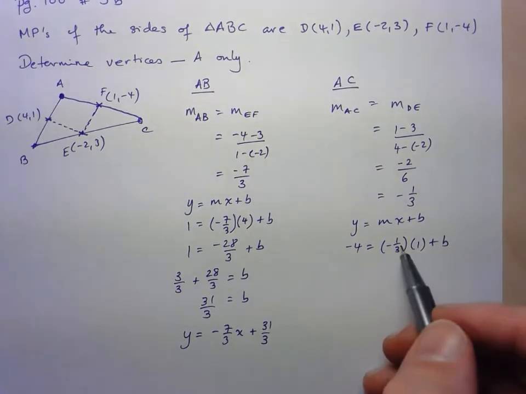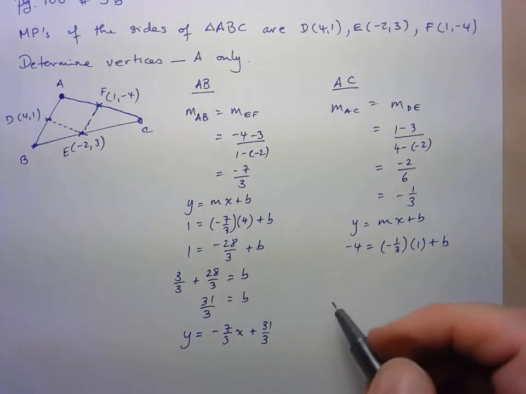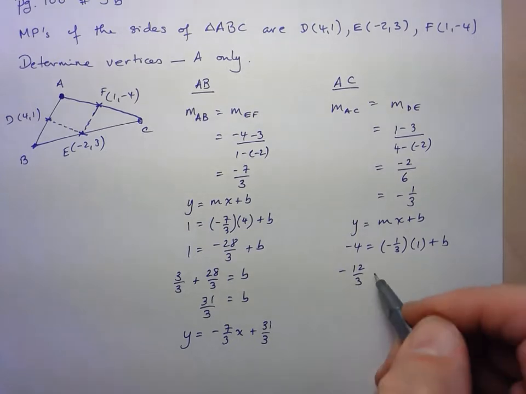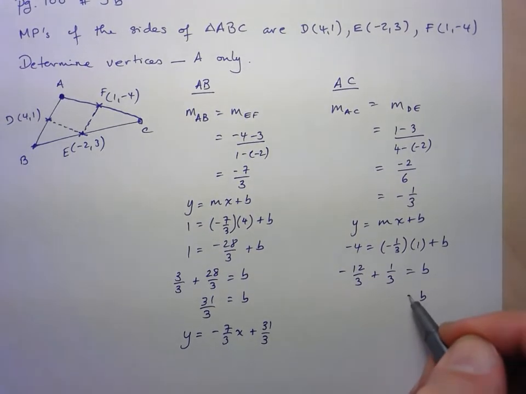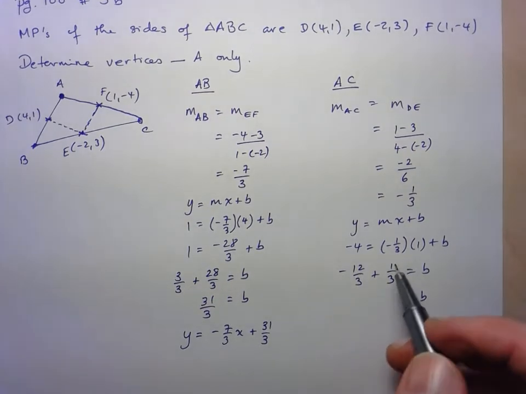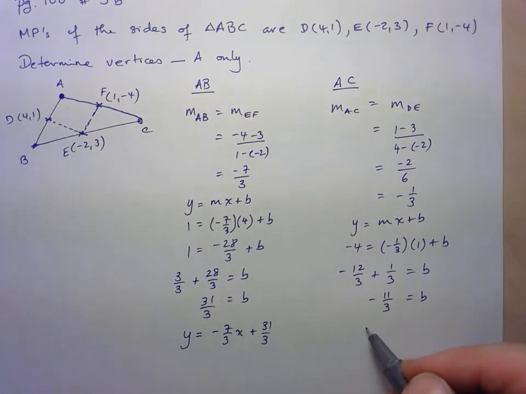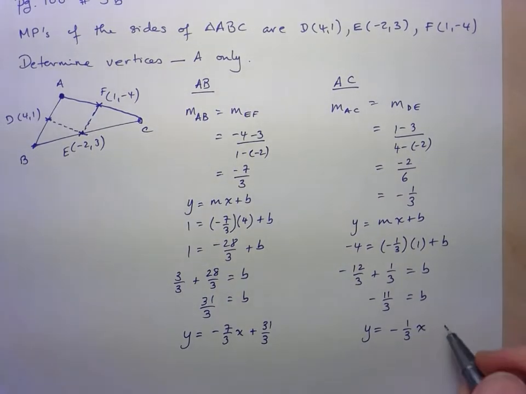So here I'm going to bring this negative 1/3 to the other side. Let me write this as a fraction over 3. So this is going to be negative 12 over 3 plus 1 over 3 equals b. So b is just equal to negative 12 plus 1, negative 11 over 3. Okay, so our next equation is y equals negative 1/3 x minus 11 over 3.